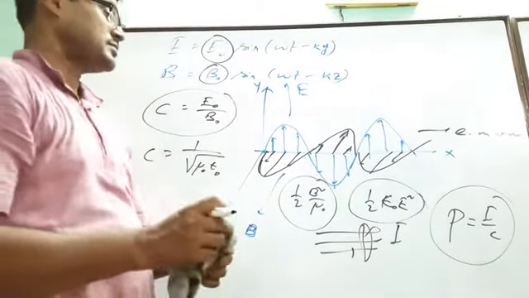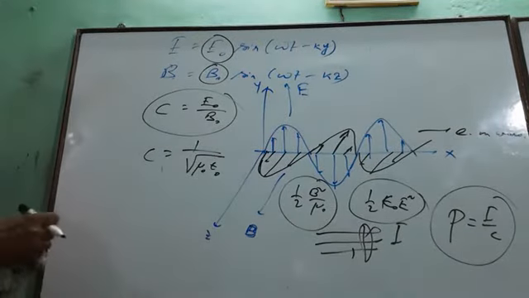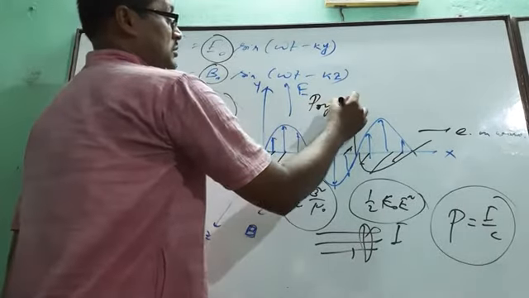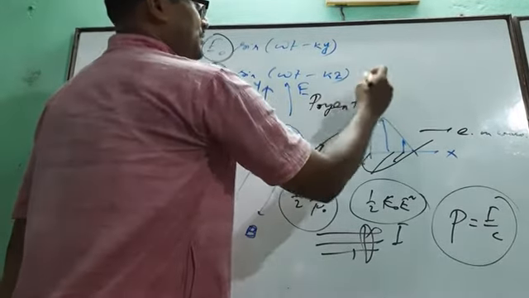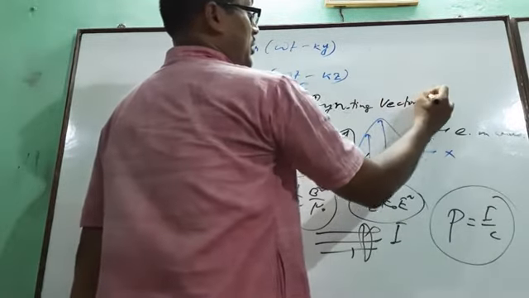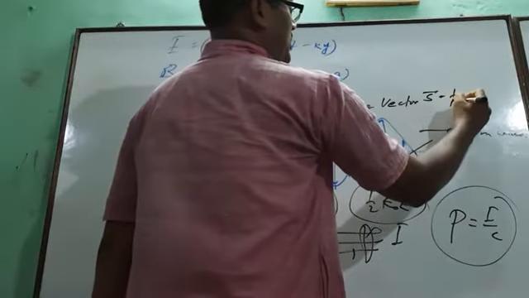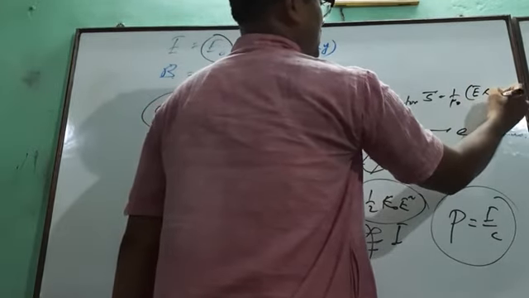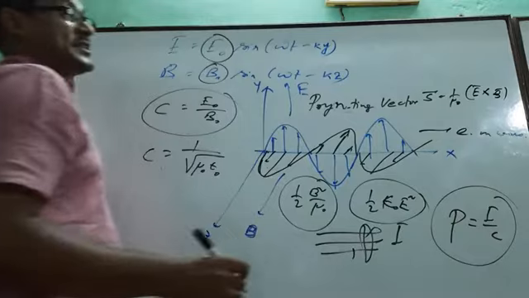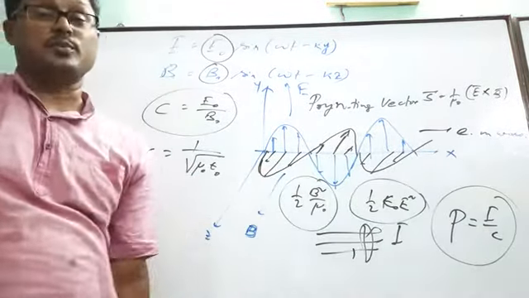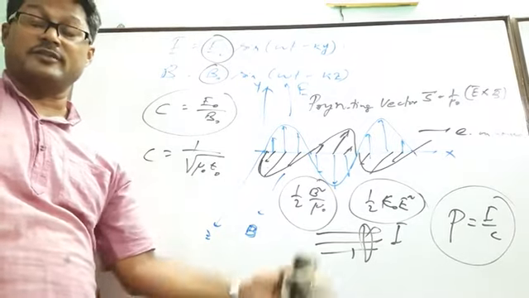Now one important vector is there, which is known as the Poynting vector, S equals 1 by epsilon naught, E cross B, which indicates the energy density related with the wave.